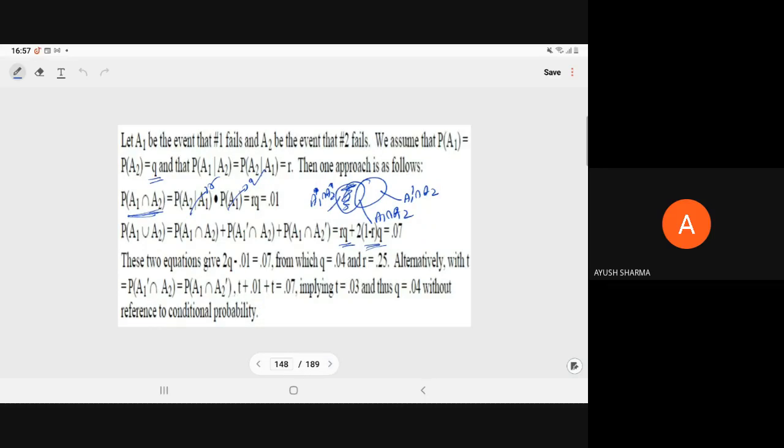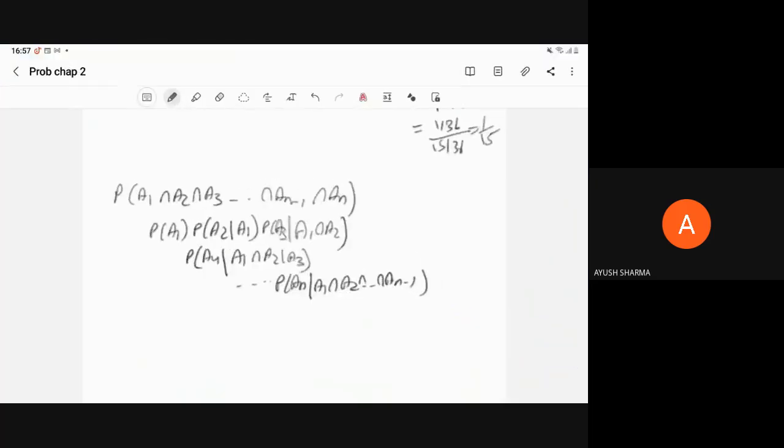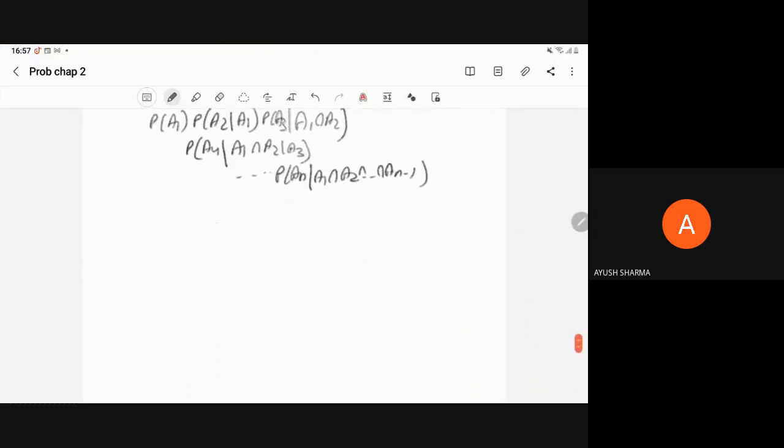The solution is this one. I wanted to know how we have written P of A1 union A2. Here we have A1, here we have A2. Yes, I understood how it is by set theory, but how we have written the probability corresponding to that. I wanted to ask that.